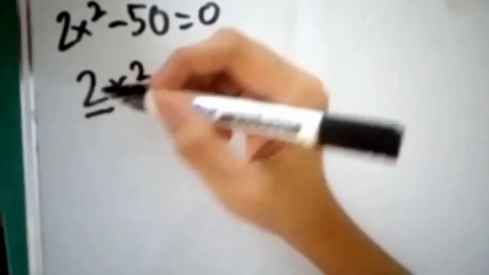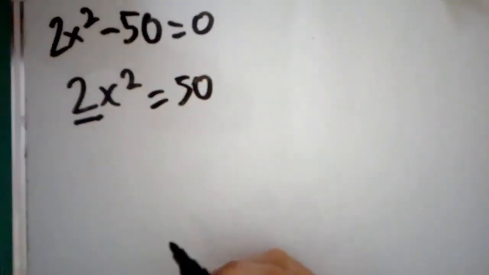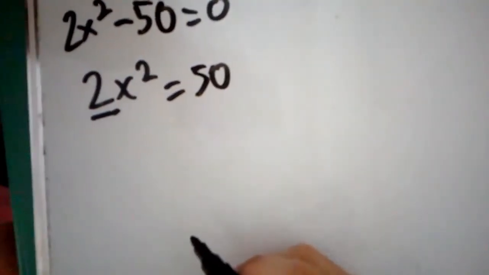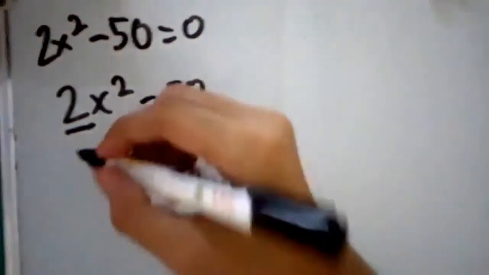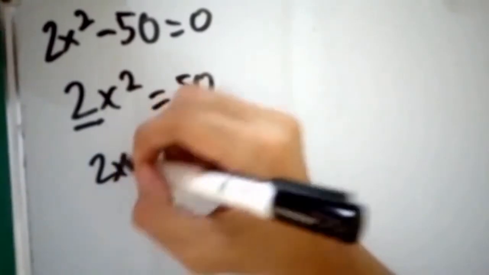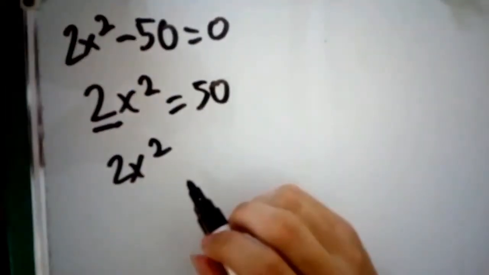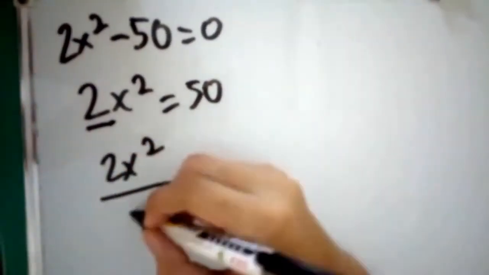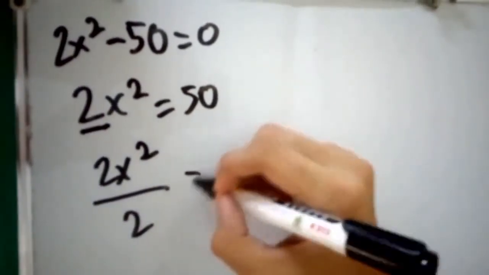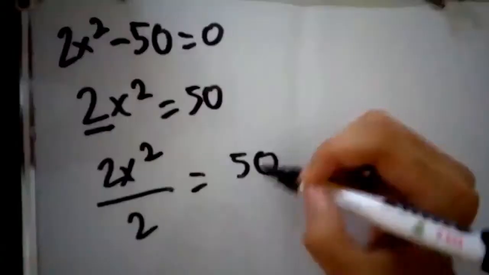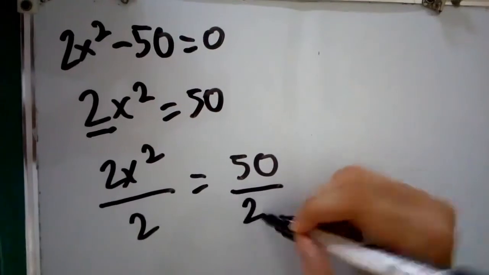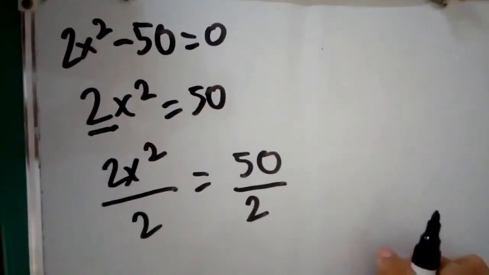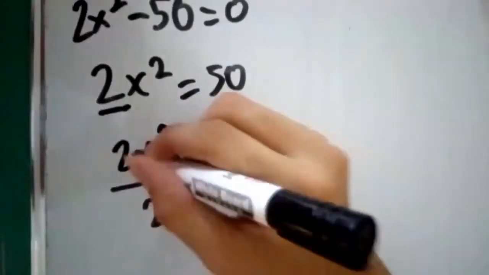Now we have the coefficient 2. We need to remove the coefficient 2, so we divide by 2, and cancel out.